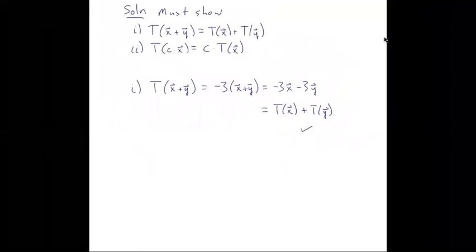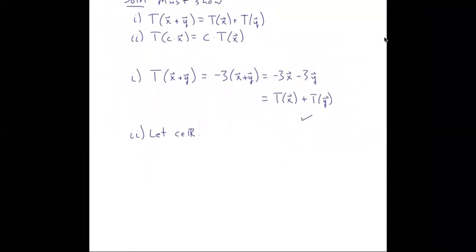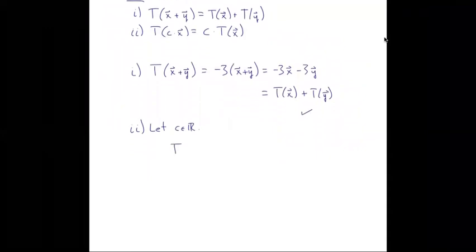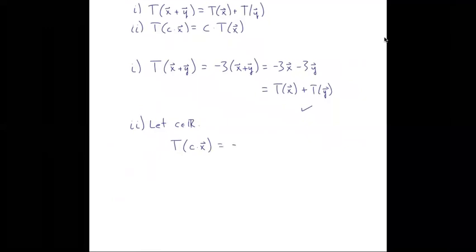Now the second property. For a constant, let C be a real number. Be very thorough about this. Any real number scalar. I guess we should have let X and Y be elements in the domain of T, but this is fine. Let C be in R. So then T of C times X. Remember that C times X is still a vector. So there's not really much going on with this. We just end up with -3 times the vector C times X, right?